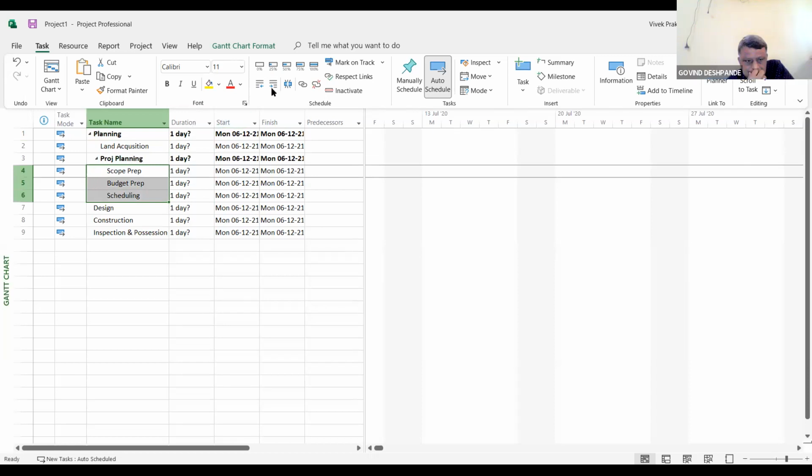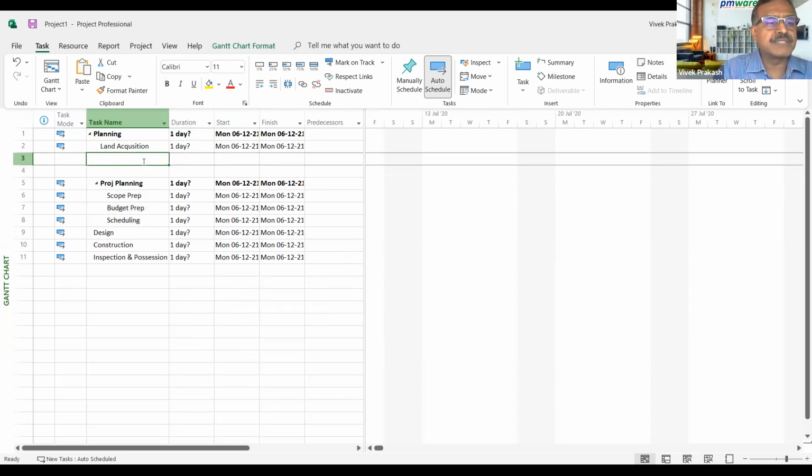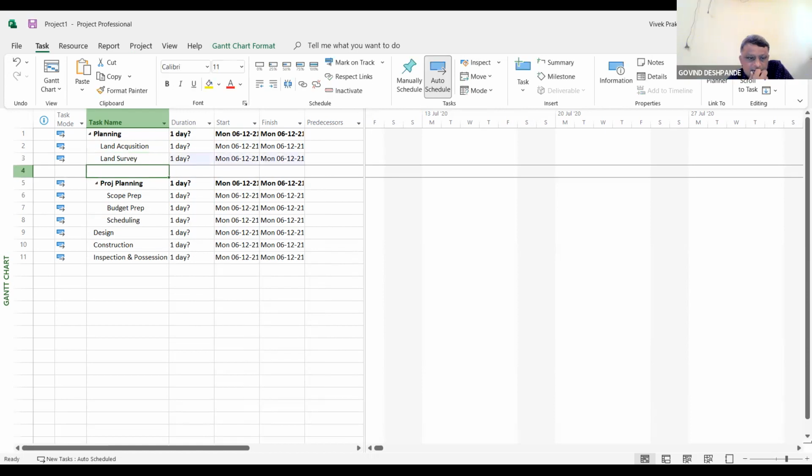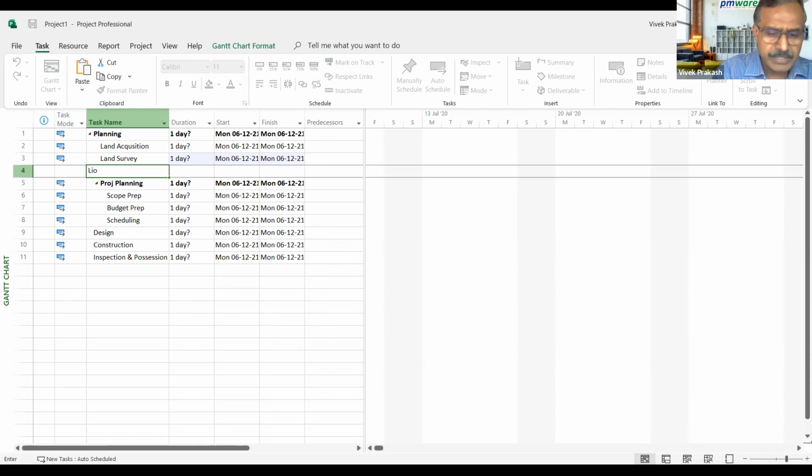Yes. Right? I do indenting. For land acquisition, you will put some more things like land survey. Licensing. Yes. Licensing. What is the spelling?